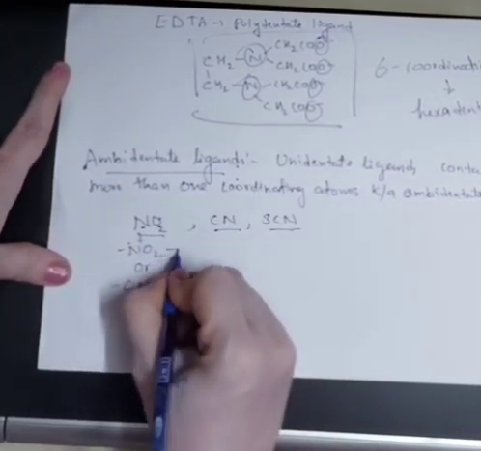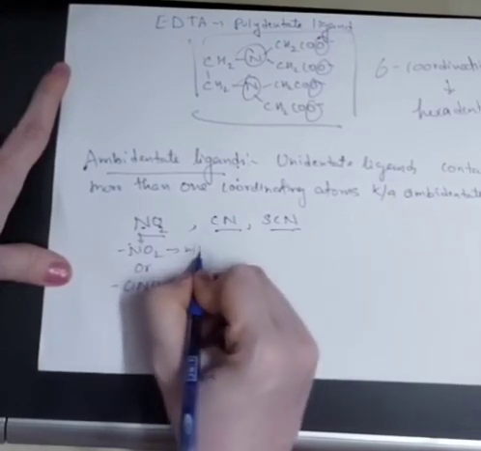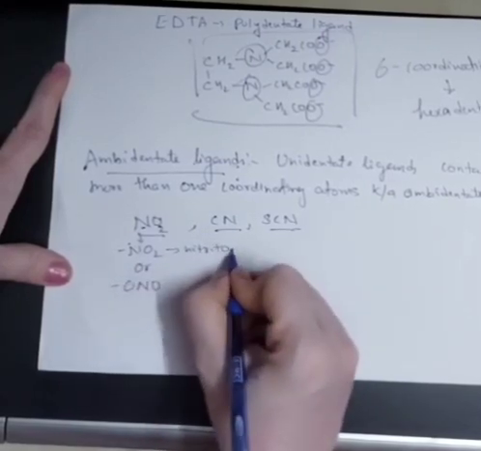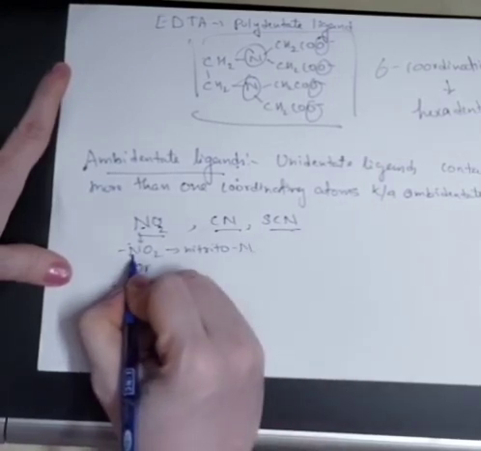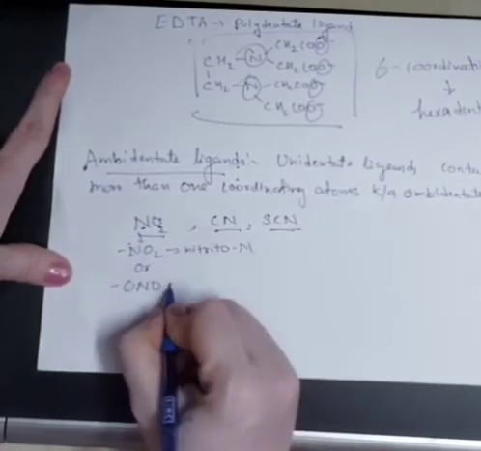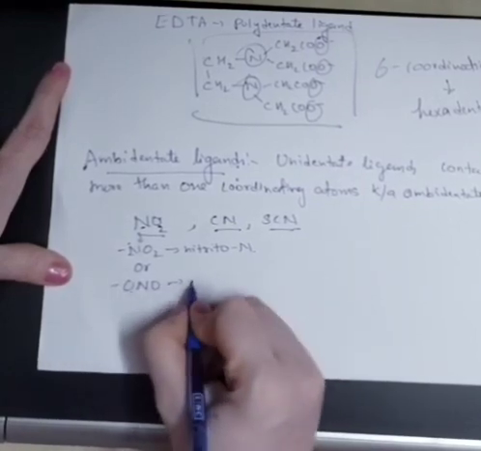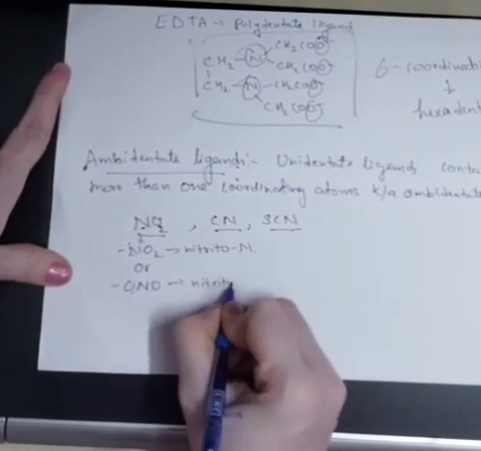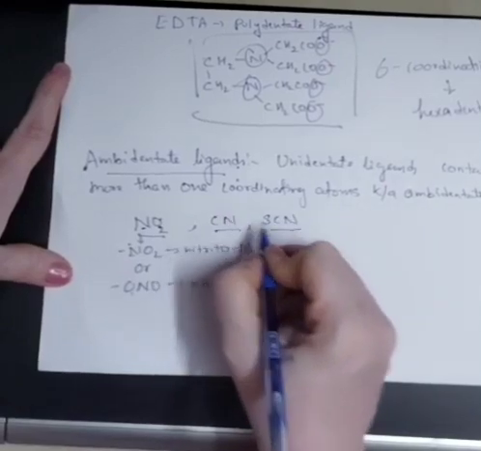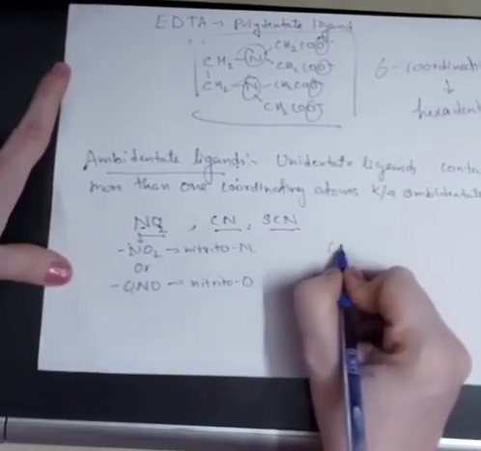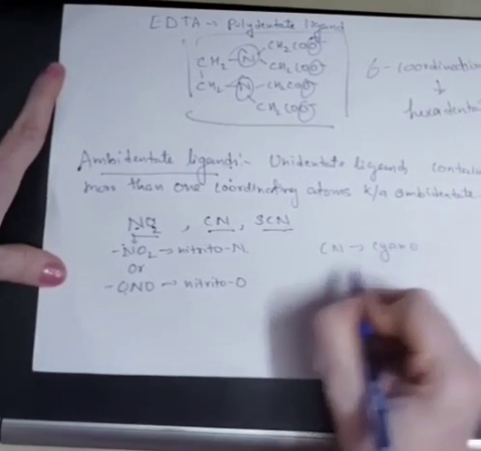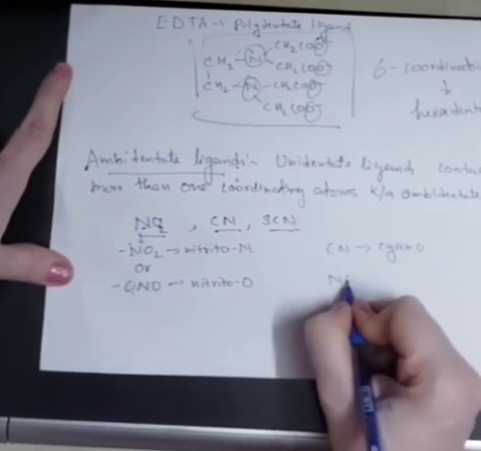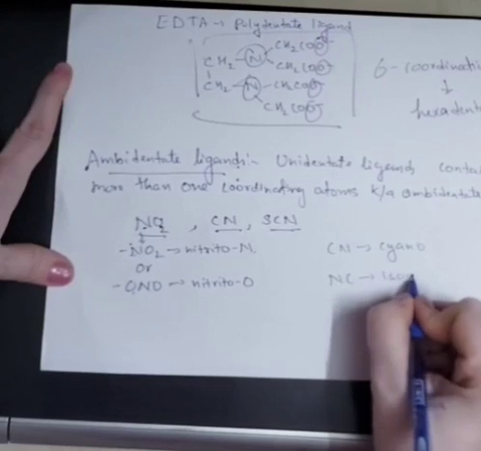When it is binding with nitrogen, we call it nitrito N. This capital N represents that the bond is formed by the nitrogen. And when it is oxygen, we call it nitrito O. Similarly, in case of CN, we call it cyano, and when it is formed by the nitrogen, we call it isocyano.